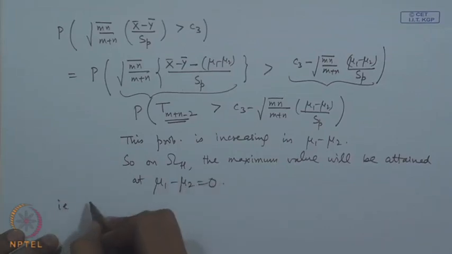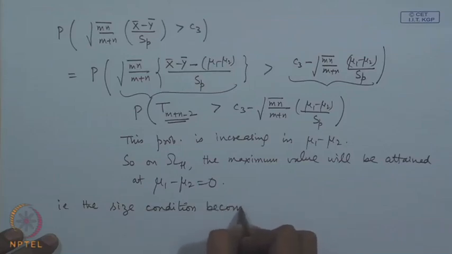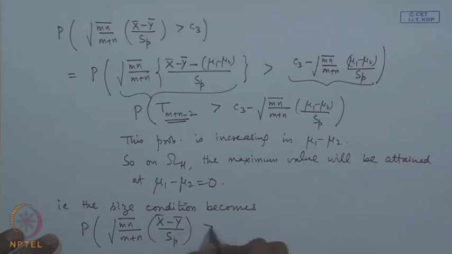That is, the size condition becomes the probability of root mn by m plus n times x bar minus y bar by s p greater than c 3 when mu 1 is equal to mu 2.